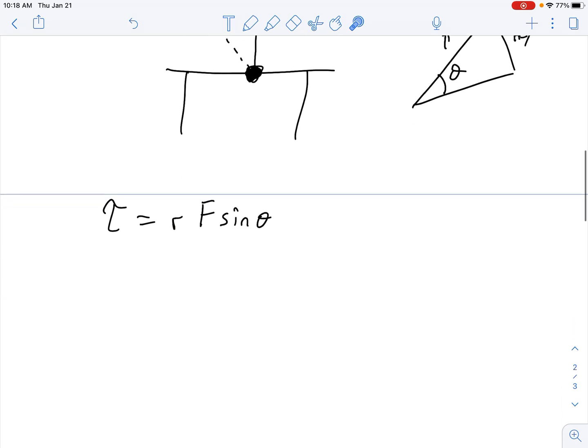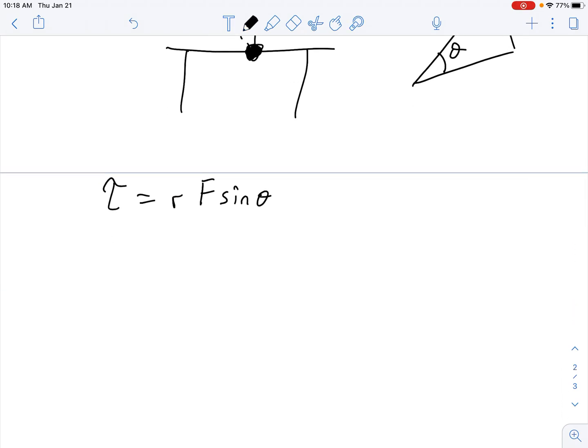That's what R is. So this equation, a way we can visualize it, there's some object, it has that length. I'm going to apply a force on that object right there, in that direction. So F is the force I'm applying. Sine theta comes from the direction of my force. R is not the length of the object.